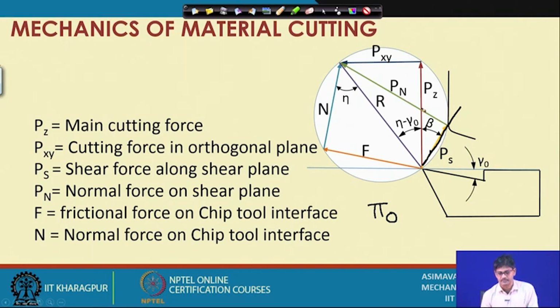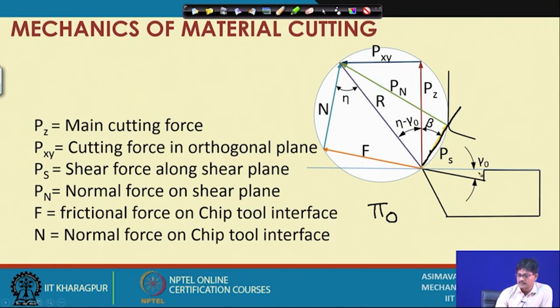If we have such a representation, the resultant of F and N is the resultant force, the resultant of Pz and Pxy will be equal to R, and the resultant of Ps and Pn will also be equal to R. We are simply resolving it in different mutually perpendicular directions and getting different interpretations about the phenomenon.